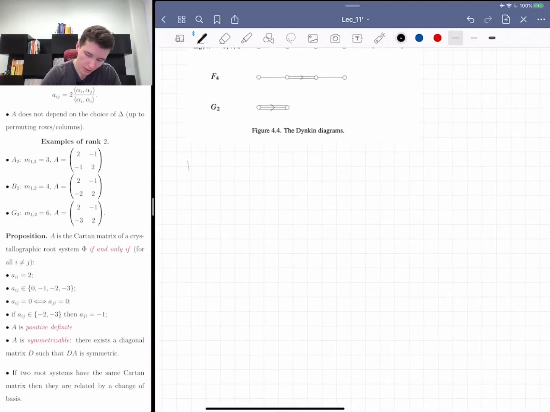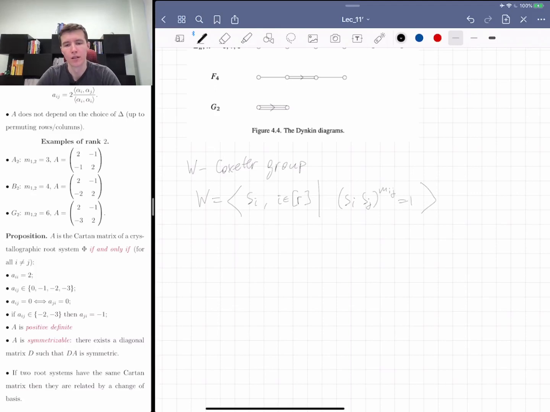So let's say W is a Coxeter group. So it's generated by s_i for i going from, let's say, 1 to r, and then you have the relations. And to that data, I'm going to associate the Coxeter graph. Let's say I'm going to denote it by G.